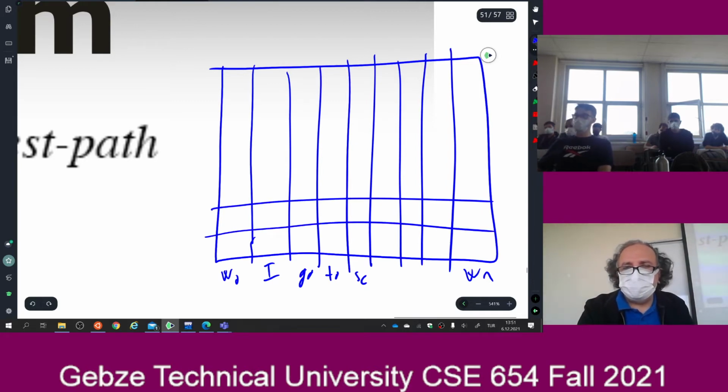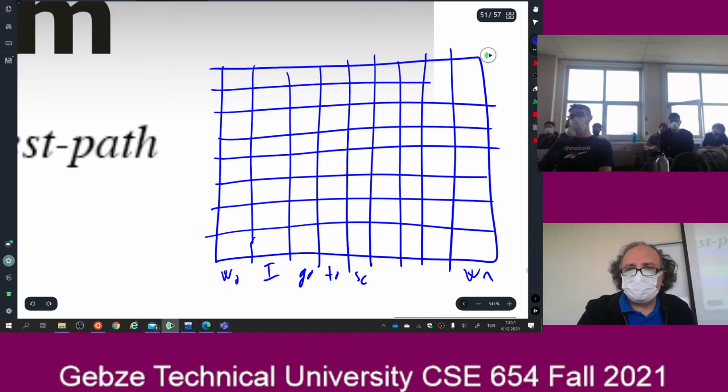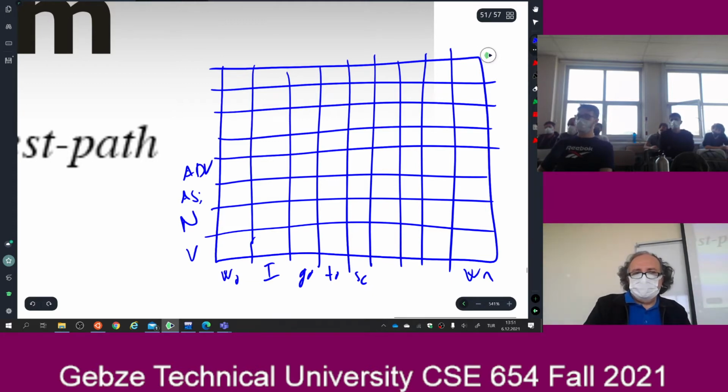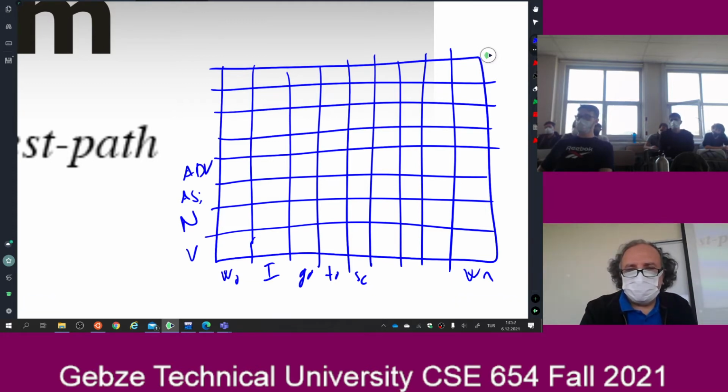And every time I make an assignment to each of the words, I am doing this. For example, this is a verb, this is a noun, adjective, adverb, etc. Okay, if I am picking this one, this is a pronoun.